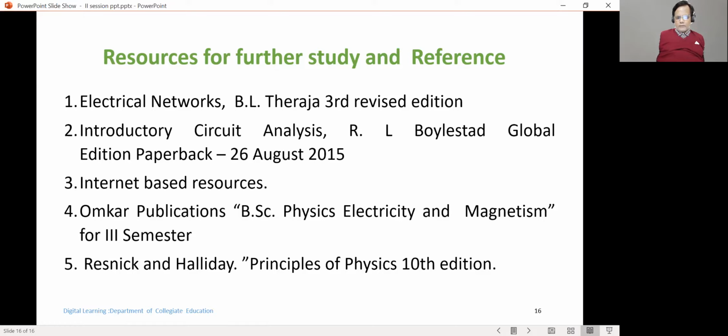Then from the set of books that are specifically written for the third semester of our syllabus, there are several books. I have mentioned one such here, Omkar Publications, BSc Physics, Electricity and Magnetism for third semester. Then Resnick and Halliday, Principles of Physics, 10th edition. The last book is an excellent reference book for any physics student at any level.